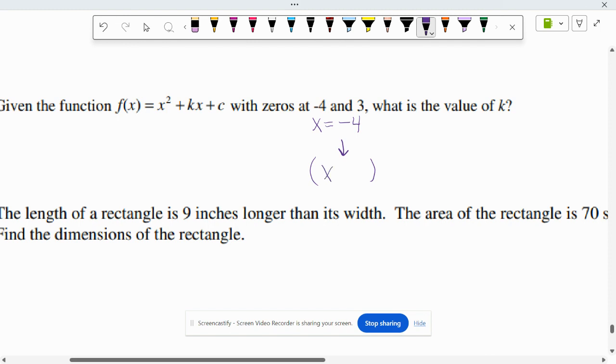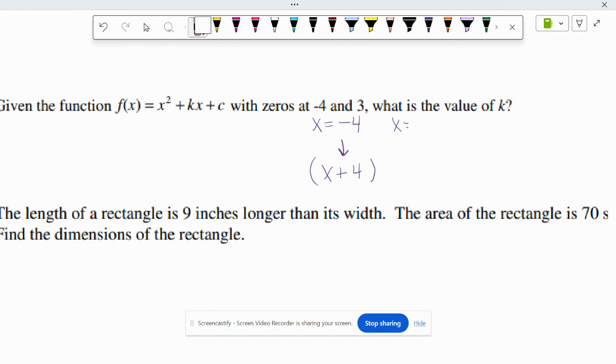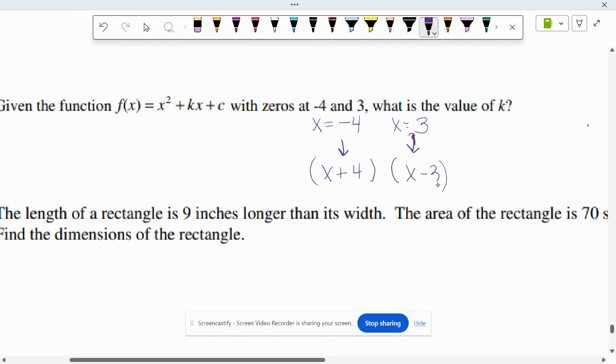Came from the factor x plus 4. Absolutely. And if x equals positive 3, what factor did that come from? X minus 3, right? X minus 3.